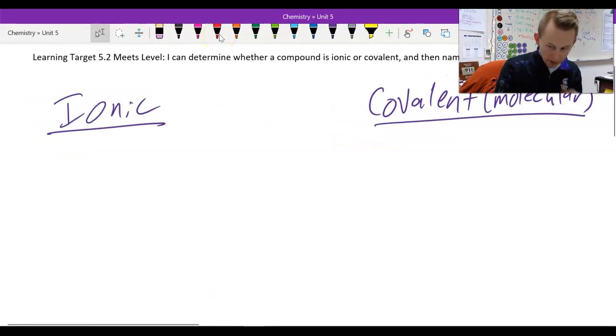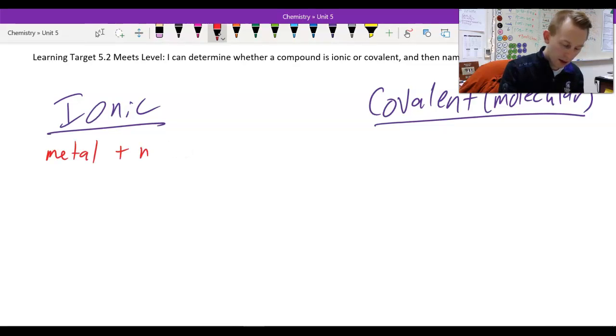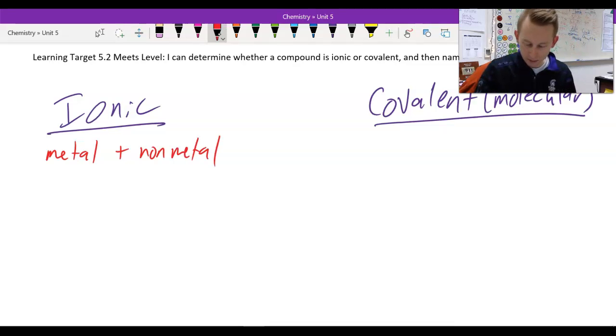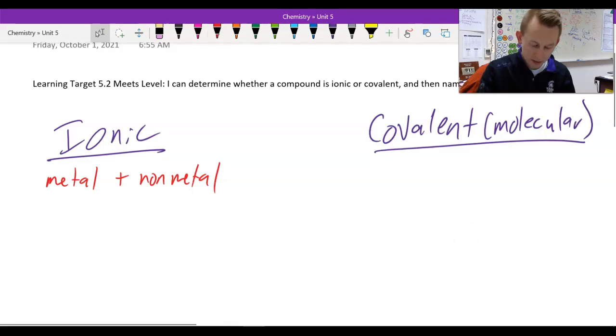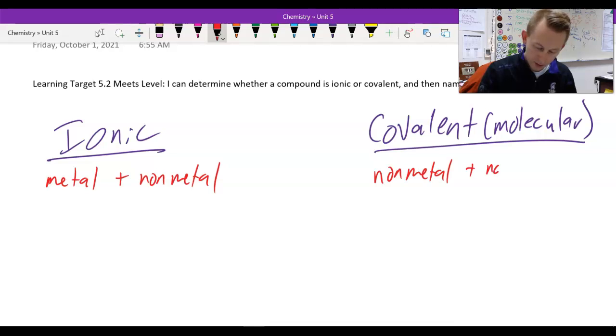Ionic is metal and a nonmetal. Covalent or molecular compounds are nonmetal plus nonmetal.